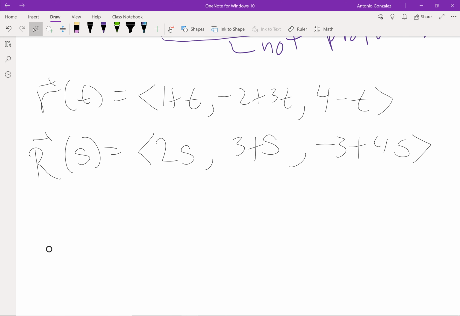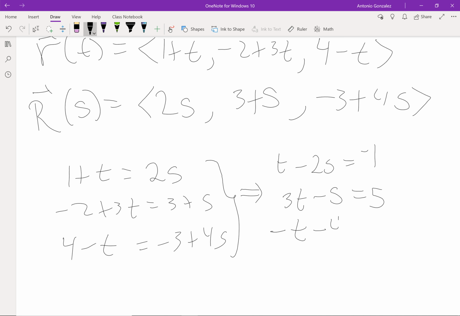So t minus 2s equals negative 1. 3t minus s is equal to 5. And lastly, negative t minus 4s is equal to negative 7.